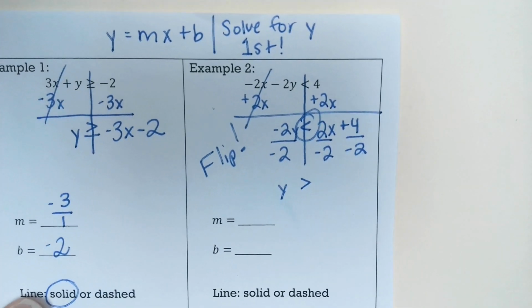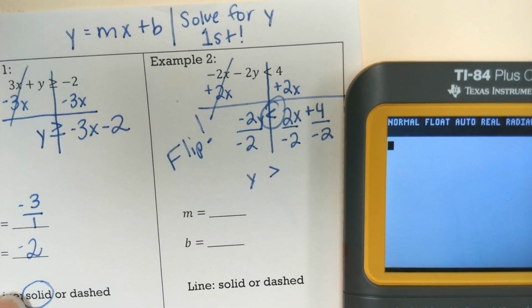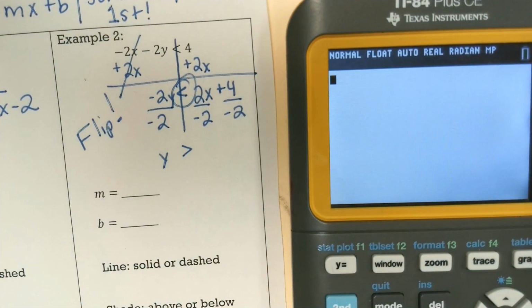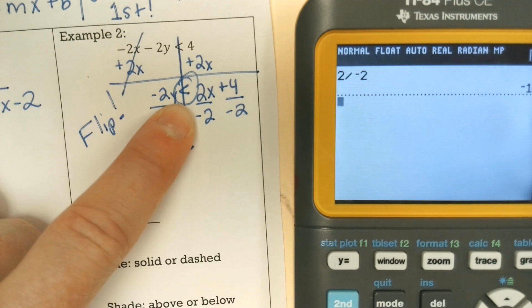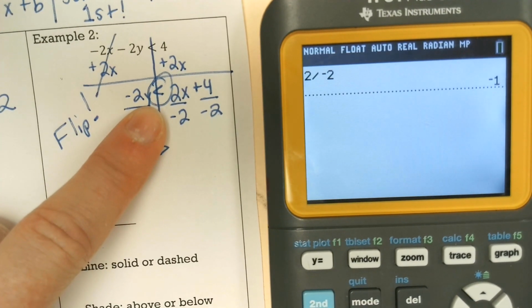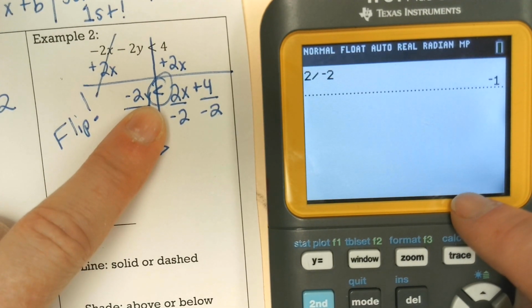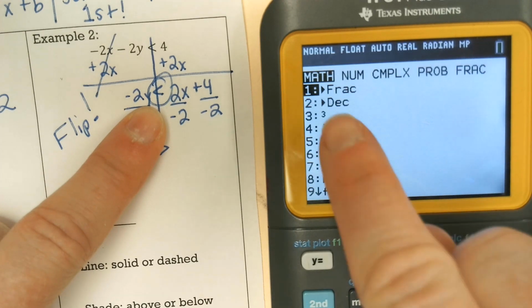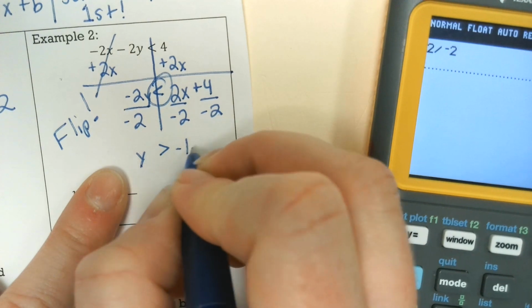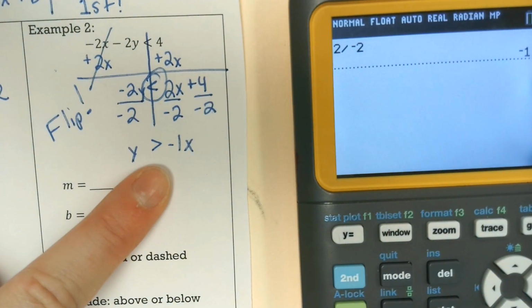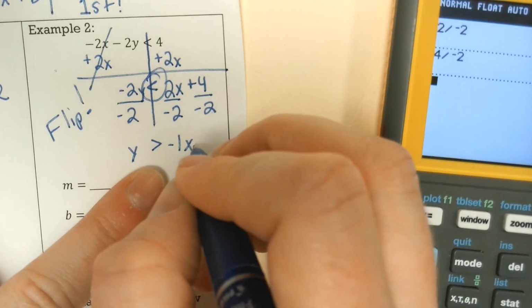And if you need to, you can put this in the calculator. Do second quit to get out from the y equals. And I'm just going to do 2 divided by negative 2. It's negative 1. If I needed that as a fraction, if it came out as a decimal, I would hit math, frac, enter, enter. But it didn't. It just came out as a negative 1x. And then 4 divided by negative 2 is negative 2, so minus 2.